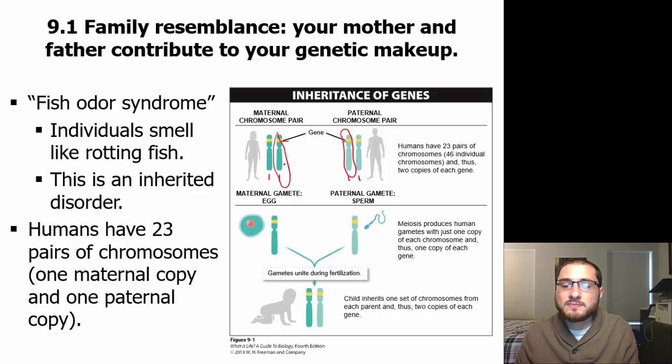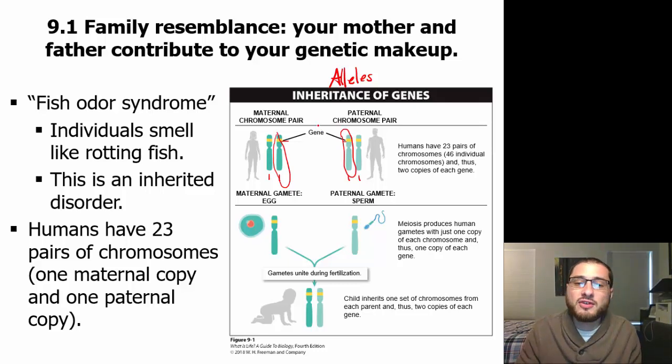Now, these genes can come in different versions, and different versions of genes are known as alleles. Different alleles are going to code for different traits, or create different looking characteristics.